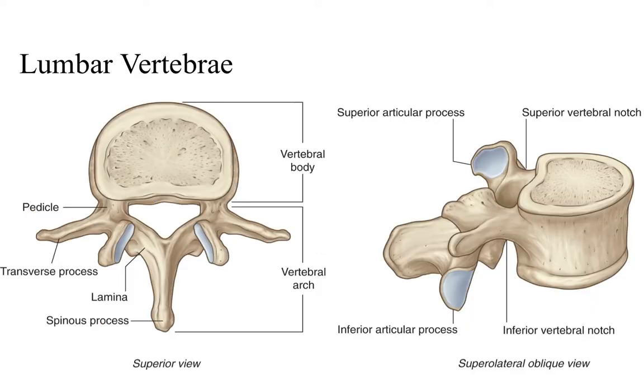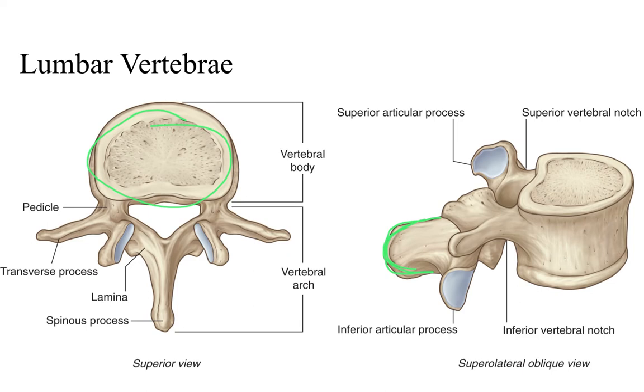Lumbar vertebrae are different in that they are much bigger, especially the body, because they are carrying the most weight. And the other thing you'll find is that the spinous process of the vertebrae are much more blunted and flat than what you will see with the thoracic vertebrae.